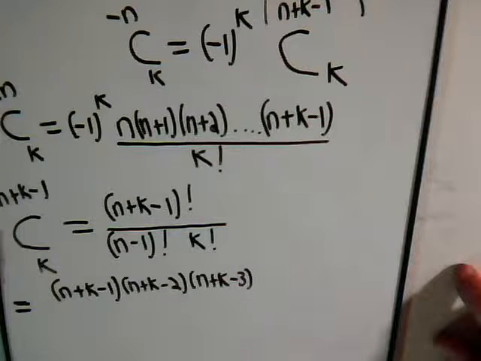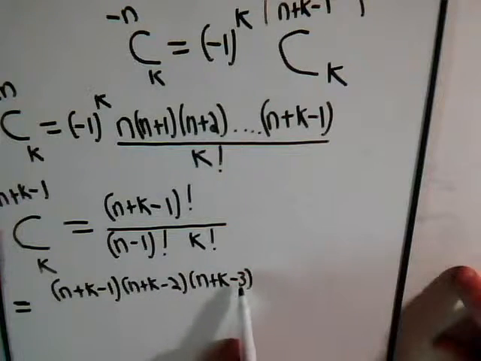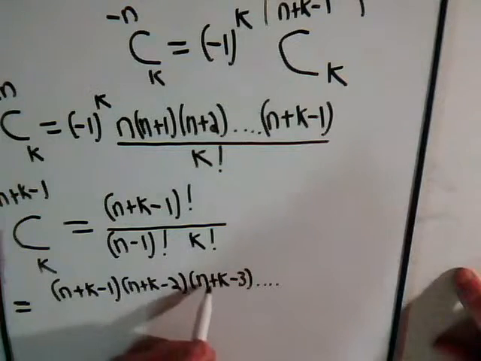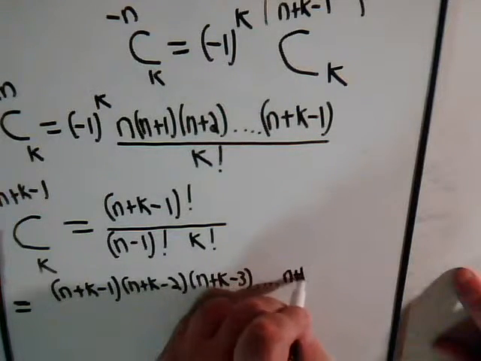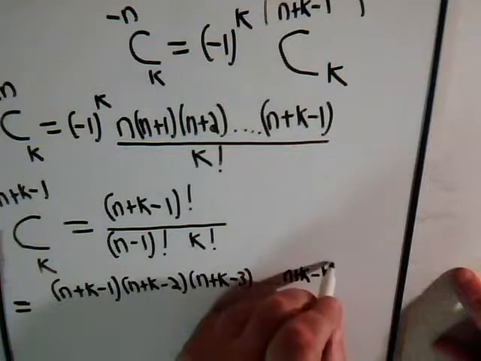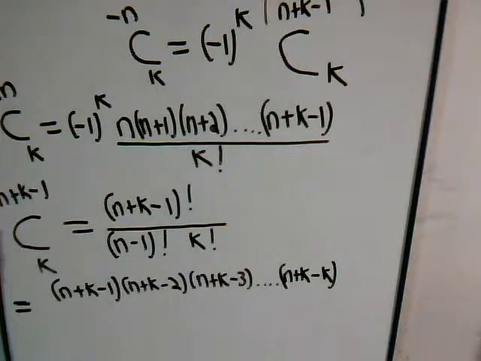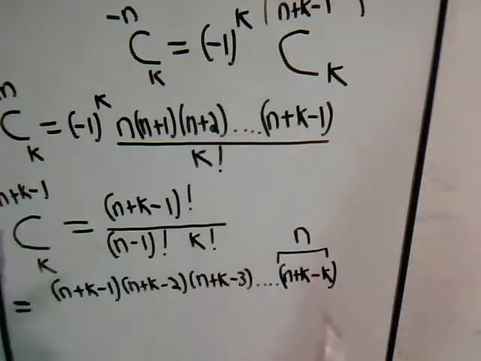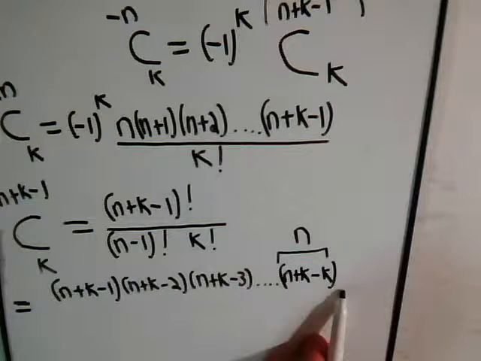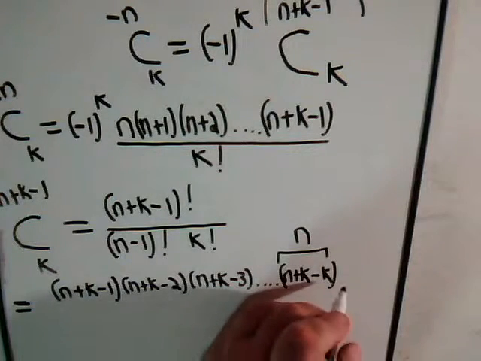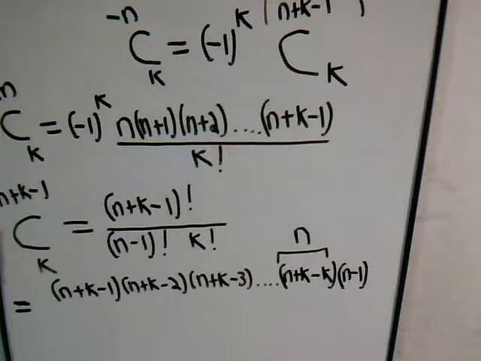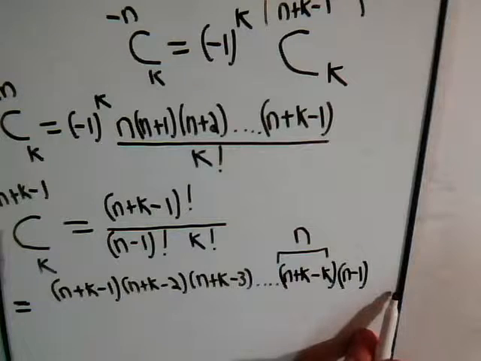And we can keep going like this, but what happens when the number that we're subtracting here is equal to k? We'd have n plus k minus k. Well, n plus k minus k is just n. So the next term has to be 1 smaller than n, so this is going to be n minus 1. And they keep getting smaller and smaller until we reach 1.